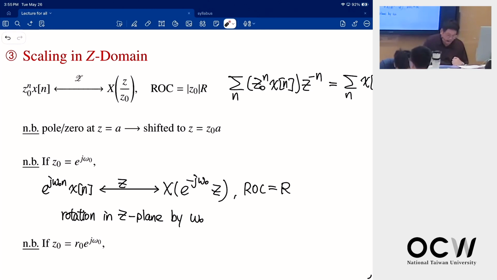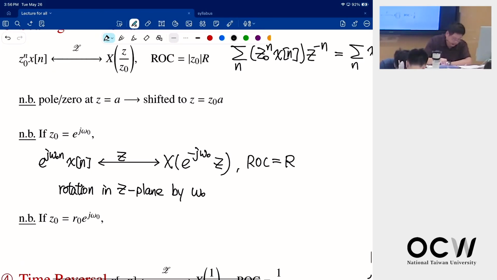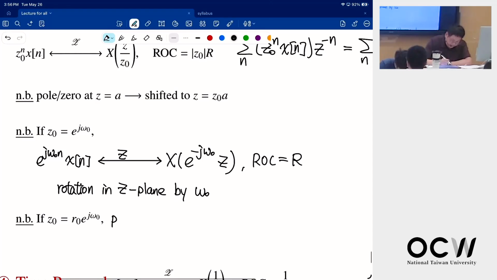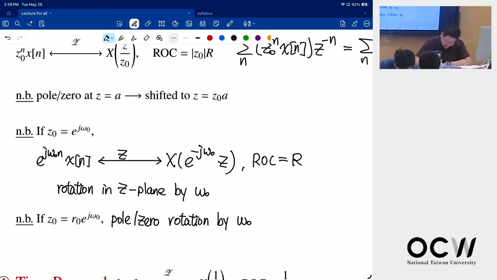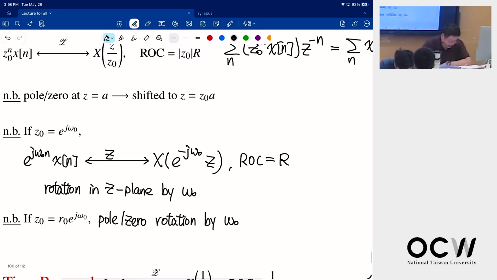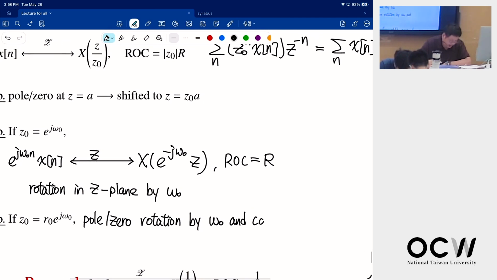But if it is not on the imaginary axis, now I have the radius. Then your poles and zeros will also rotate. They are rotated by your omega naught, and also scaled by the radius r naught.